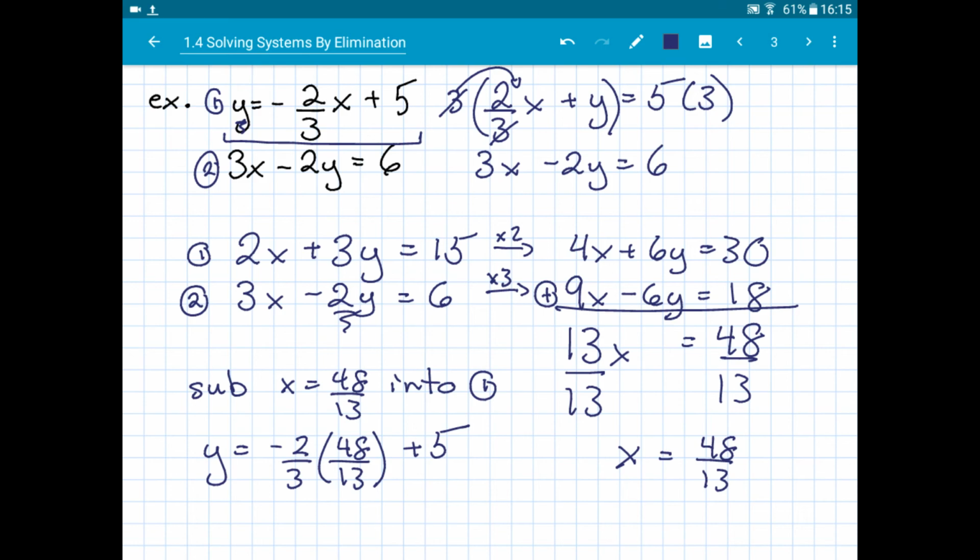Okay, and how well you can do with this depends on your fractional skills. I'm going to just simplify a little bit here, or reduce a little bit. So 3 goes into 4 once, with 1 left over. 3 goes into 48 16 times. So I'm going to get 2 times 16, which is minus 32, over 13, plus 5.